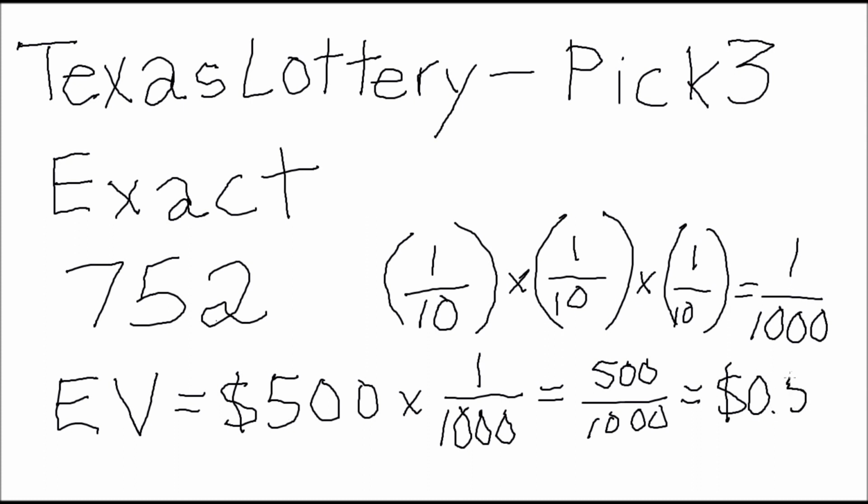Which is pretty typical for a lottery game. They give half of the ticket sales in prizes, and keep half for themselves. In other words, it's a terrible bet. So let's move on to some of the other ways you can play the Pick 3 in the Texas lottery.